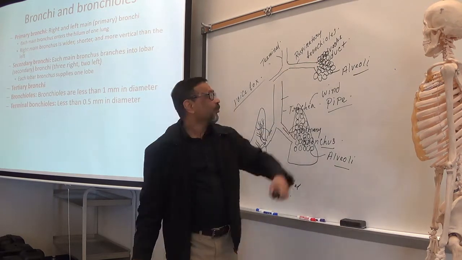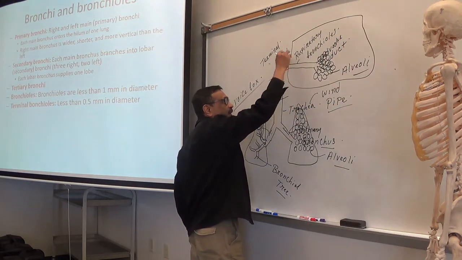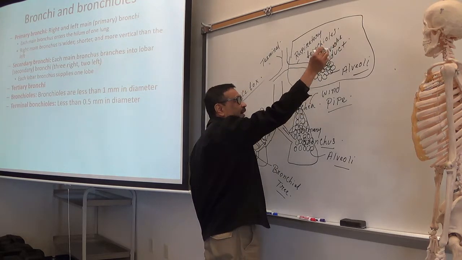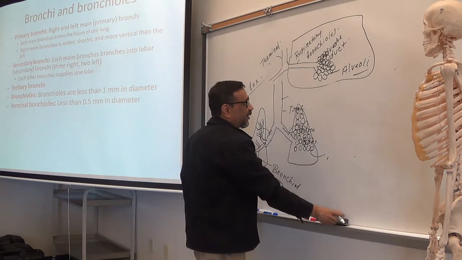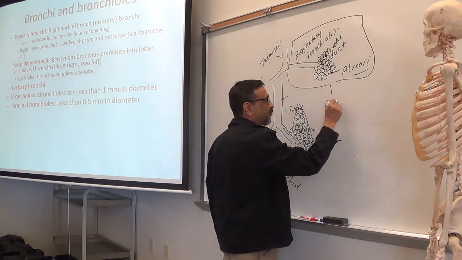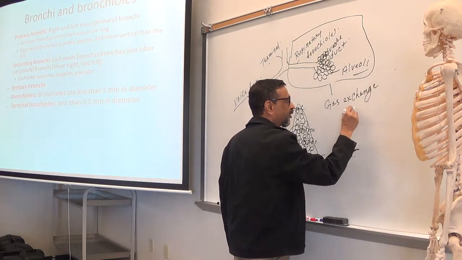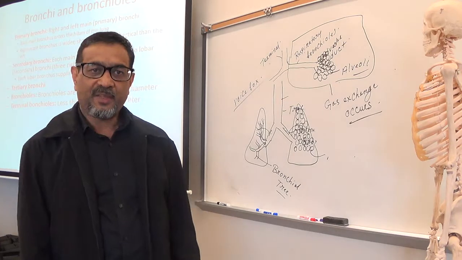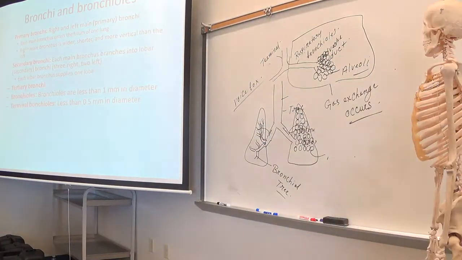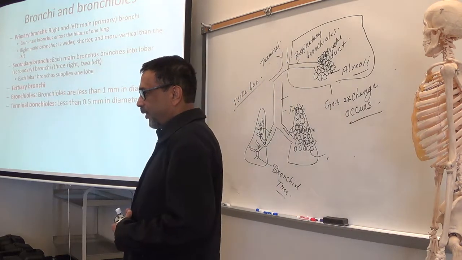These last three parts, the respiratory bronchiole, alveolar duct, and alveoli, are the three structures where gas exchange occurs. Very important. Gas exchange occurs in these last three structures: respiratory bronchiole, alveolar duct, and alveoli.